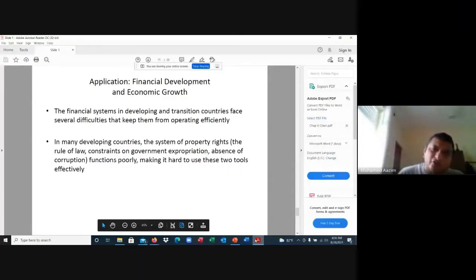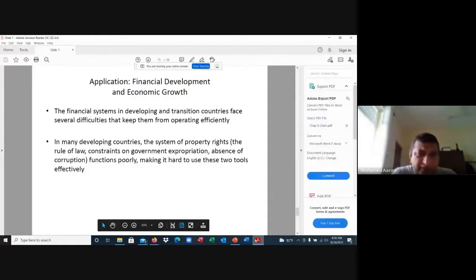Then you see the financial development and economic growth. Ultimately, all these efforts are to make sure economic efficiency is established. The financial systems in developing and transitional economies, as we were discussing, have difficulties that keep them from performing at the efficient levels one expects.